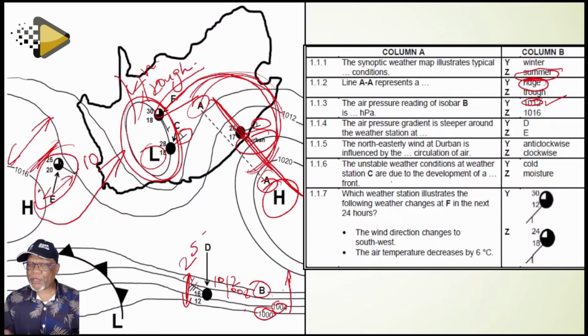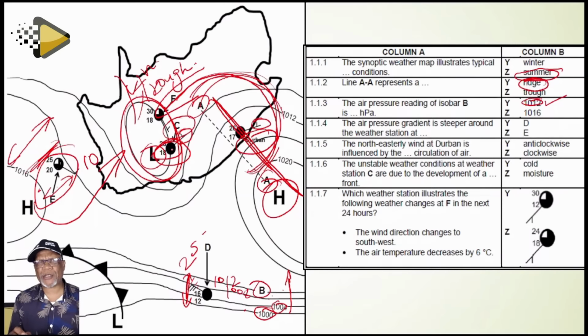The unstable weather conditions at weather station C. This is weather station C. Why do we say the weather conditions are unstable? Because you can see clouds here. Clouds are an indication of unstable weather conditions. If the weather conditions are stable, the air is going to settle on the ground.